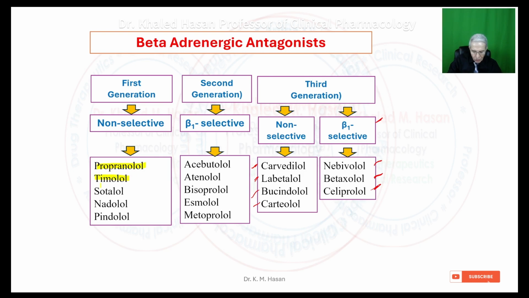Propranolol, timolol, sotalol, very important medications in practice; atenolol, metoprolol, esmolol, bisoprolol, very important medications in practice; carvedilol, labetalol, and we have carteolol, nebivolol, betaxolol. All these medications are considered important, but we need to remember which one is first generation, which one is selective, which one is non-selective, and the reason for this category.